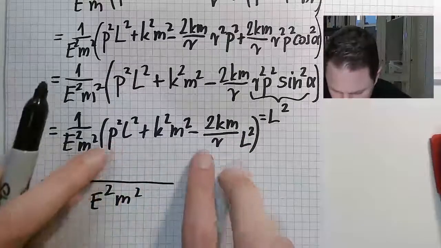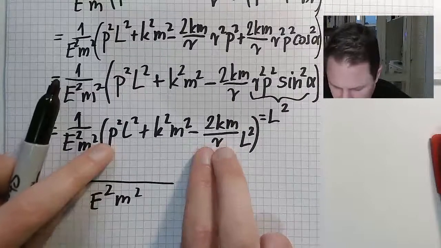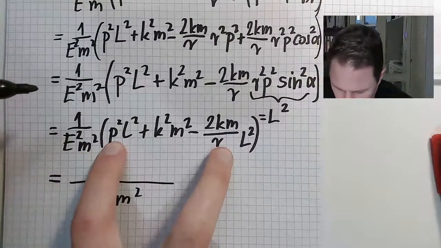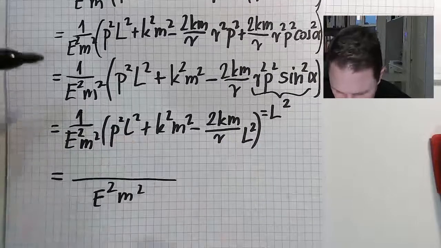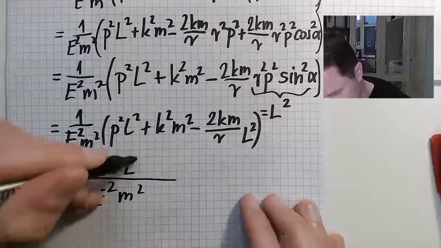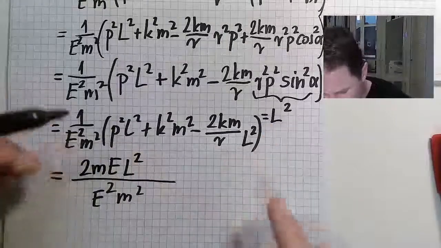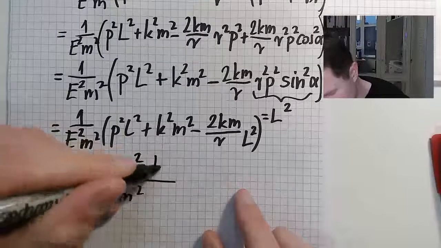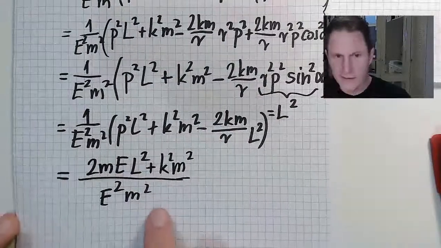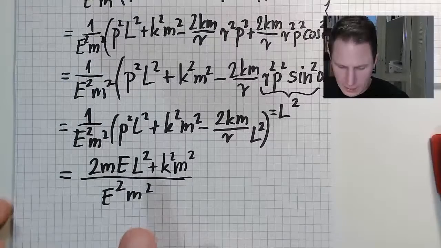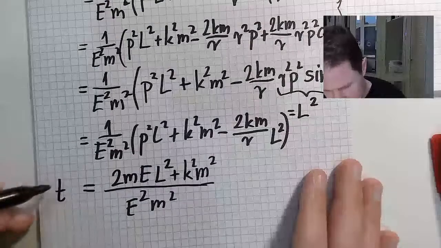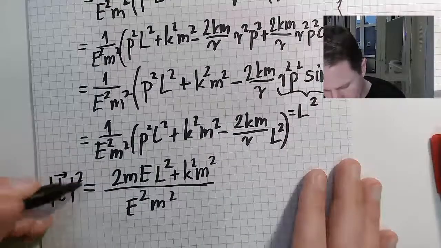Okay, so it is exactly the energy multiplied by 2m that we have as the factor multiplying L squared. So this is 2m times e multiplying L squared in the brackets plus k squared times m squared. So this is the length of our vector t squared. Okay, so this is the length that we were looking for.